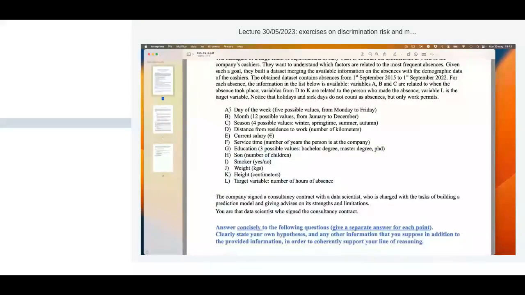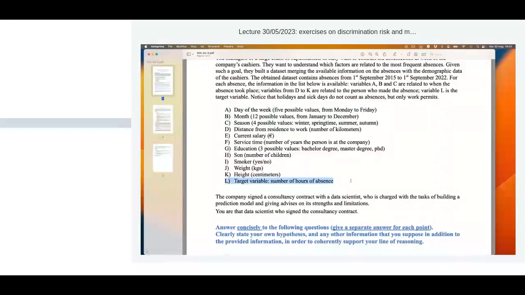I said that we are not tracking the year, that's fine. And I also said that the database is organized by absence. Since I was focusing while commenting on variables A, B, C, I totally forgot that we have the target variable, that is the number of hours of absence.